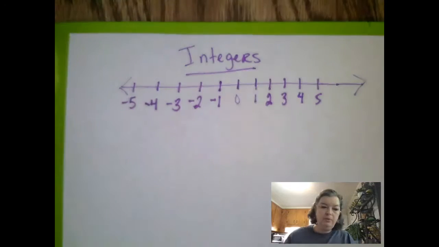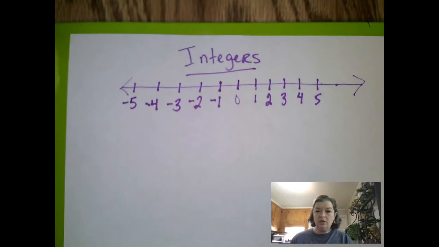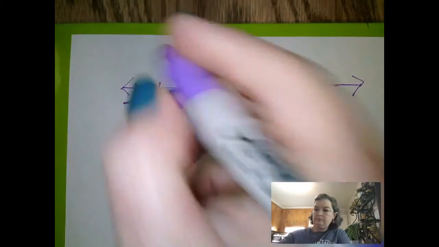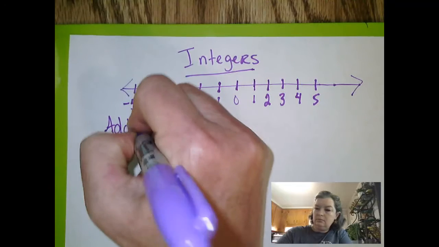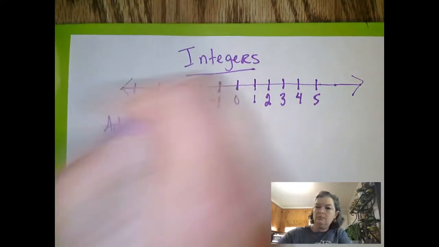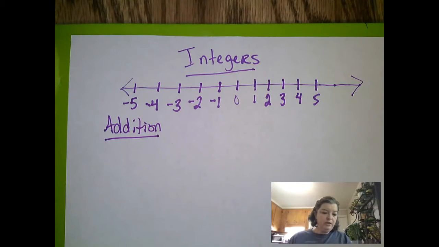We're going to do some operations here. We're going to deal with addition, subtraction, multiplication, and division. We're going to start off with addition. All right. If you haven't already started, I would recommend this might be something you want to write down if you were struggling with integers, and definitely keep it with you because it's something that will carry you through when you go to 9th grade.